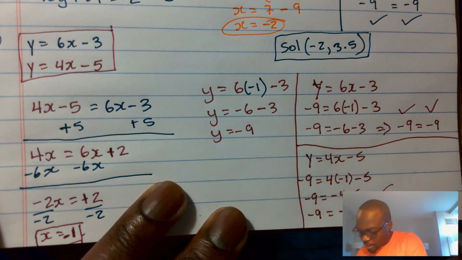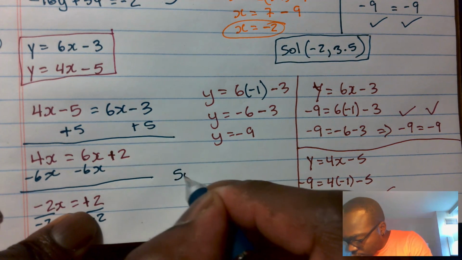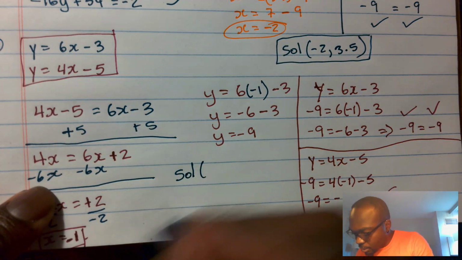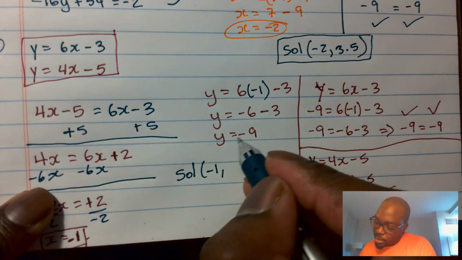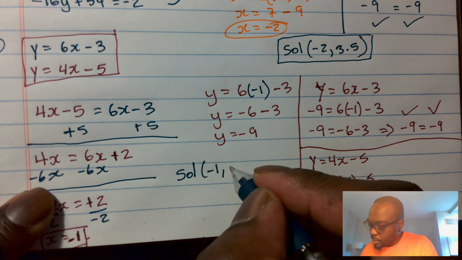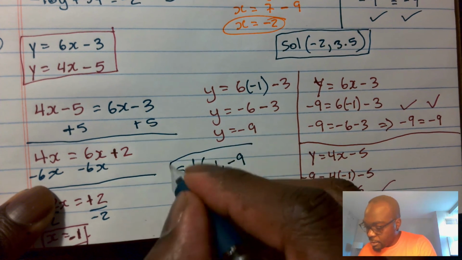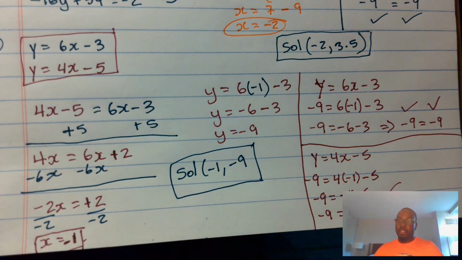And again, that's correct. So now I can write my solution. My solution is x is negative 1 and y is negative 9.